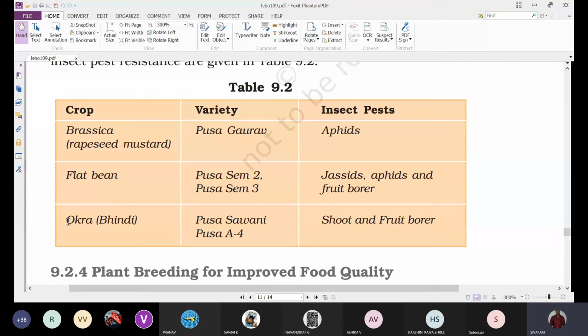This new variety called Parbhani Kranti was developed by using mutational breeding of Abelmoschus esculentus, or bindi. Here we developed Pusa Savani and Pusa A4, with resistance against shoot and fruit borer in okra or bindi.